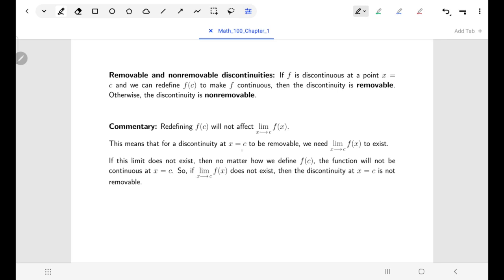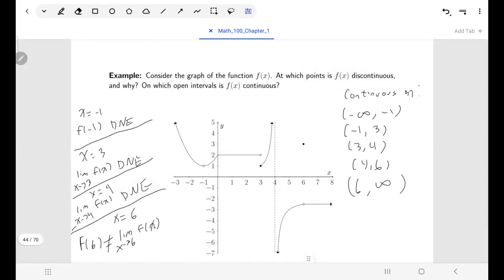So for you to have a discontinuity that's removable, you would first need your limit to exist. If your limit didn't exist, then doing anything else to c is not going to change your limit existing or not existing. So if we look back at the ones in the previous slide, the ones where the limit doesn't exist, which would be at 3 and at 4, there's no value that I could give to this function at x equals 3 that would change what's going on on the left side and the right side.